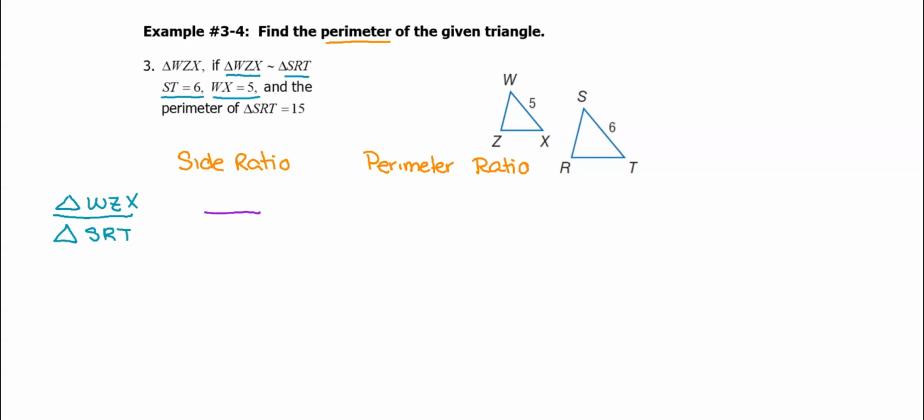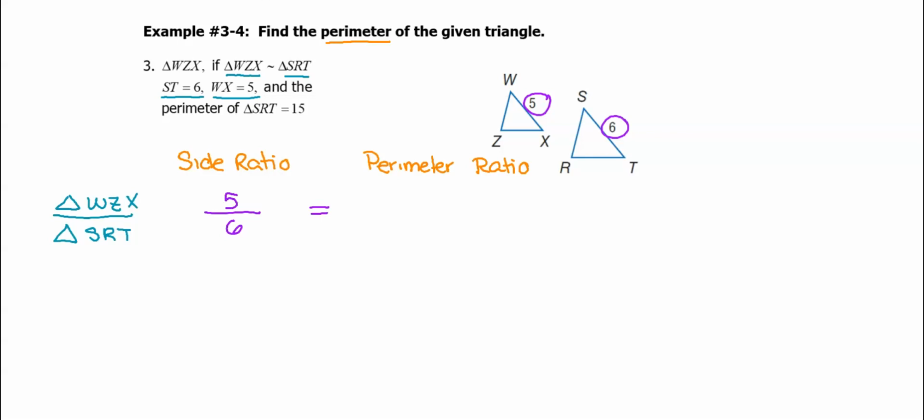So that being said, I had to find a side ratio with these two numbers, and as I told you earlier, triangle WZX will have the information on the top, and then triangle SRT will have the information on the bottom. And then theorem 7.1 said the side ratio is equal to the perimeter ratio.